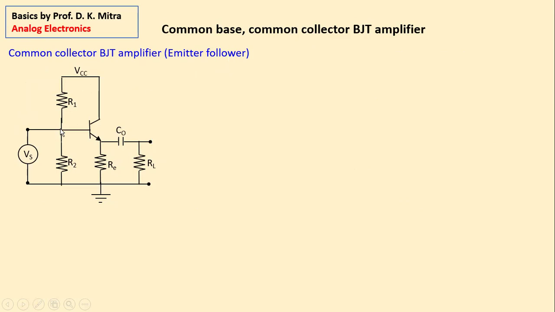Because the potential difference between this point and this point is only VBE, the base emitter junction voltage. So output voltage VO will always follow the input voltage. There will be no amplification. And that is why it's called emitter follower. Then you may ask me, what is the use of this amplifier? Let's see what is the use of this amplifier.